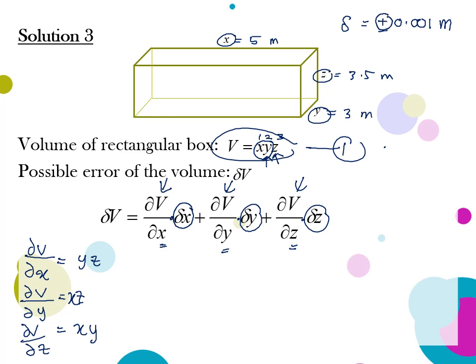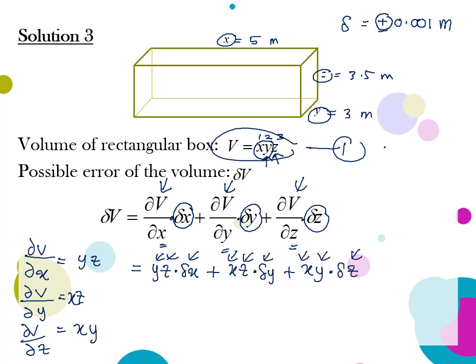So apply that into the formula. You have yz times delta x plus xz times del y plus xy multiplied with del z. So you have all the information for all these unknowns.